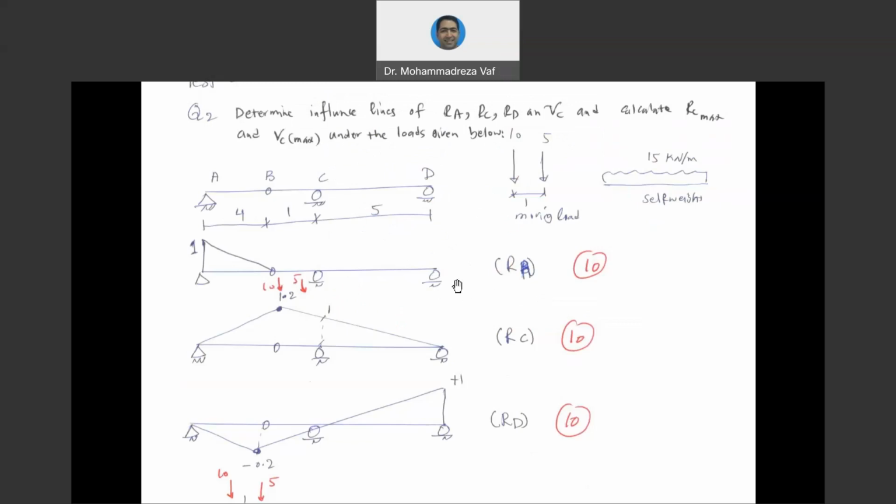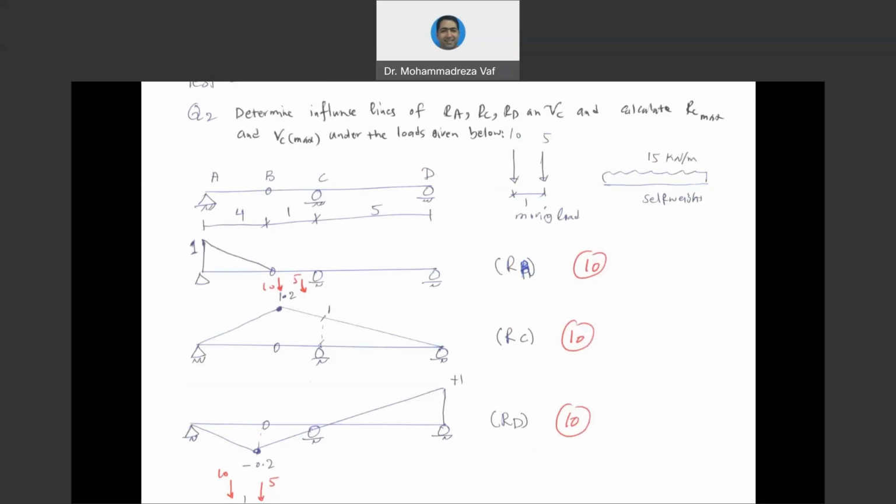Okay, in the first question, we have a two-span beam, as can be seen from the screen. The beam in the first span has one internal hinge at point B, and it is clear that the span length is 5 meters. AB to BC is 4 meters and 1 meter, and CD is 5 meters.